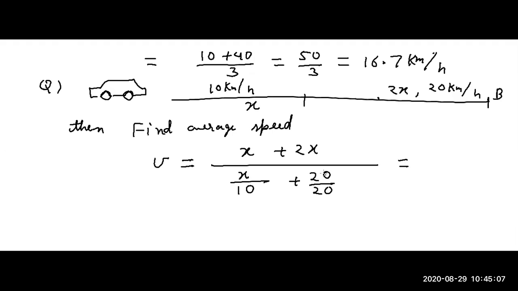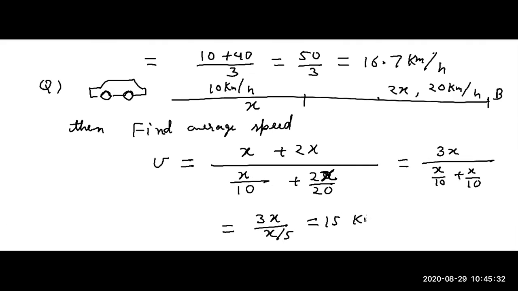So the total distance is 3x, divided by the total time taken. It will be x by 10 and here also it is x by 10. If we solve it, we get 3x by x by 5, so 15 kilometer per hour.